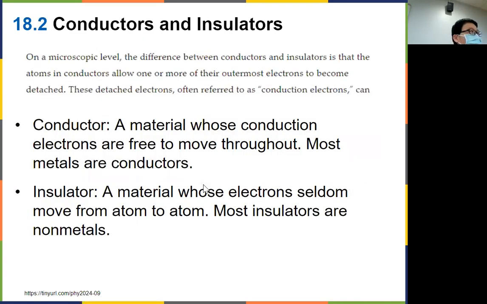We also talked about conductors and insulators. What's the main difference there? A conductor has conduction electrons that can move freely, and an insulator doesn't have conduction electrons that can be moved from atom to atom.